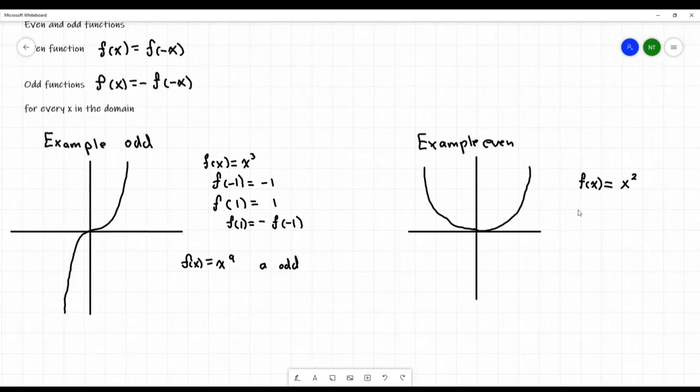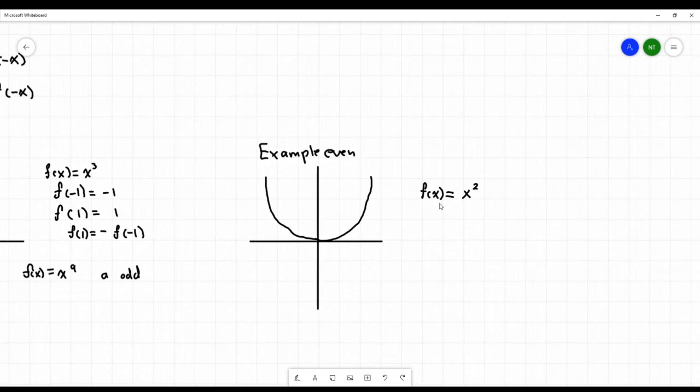An example of an even function is f of x is equal to x squared. This is easy to see. We're very familiar with this function. We've seen it everywhere. f of minus 2, we know, is equal to f of 2, right? Because whatever value I put in, if I put the negative of that value, I'm going to get the same thing because I'm squaring it.